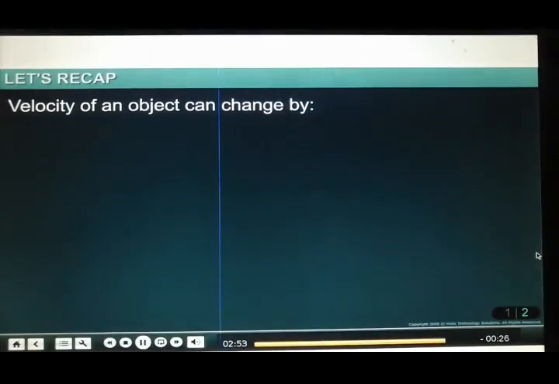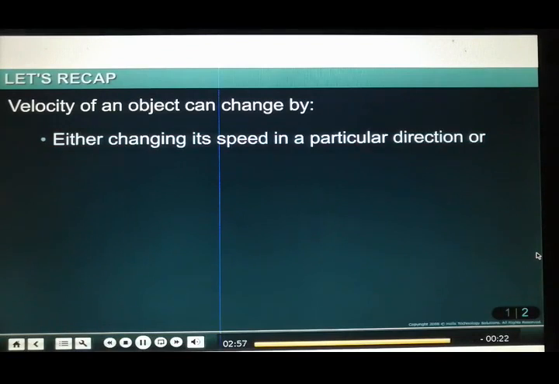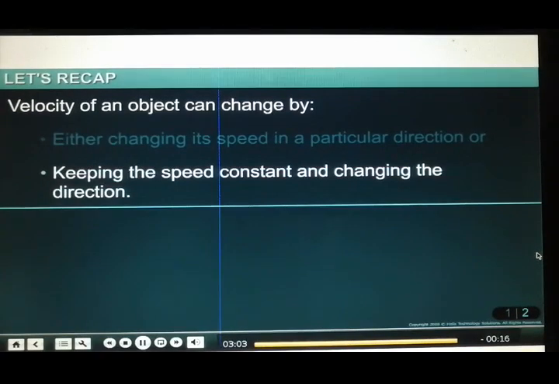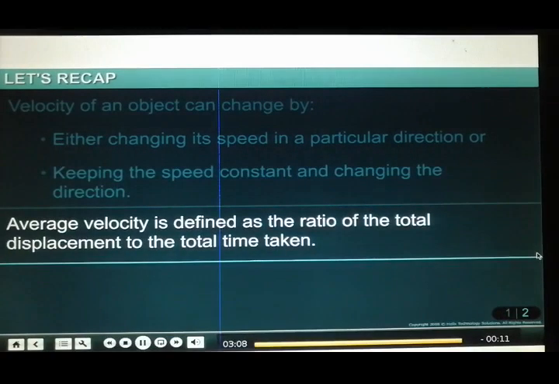Velocity of an object can change by either changing its speed in a particular direction or keeping the speed constant and changing the direction. Average velocity is defined as the ratio of the total displacement to the total time taken.